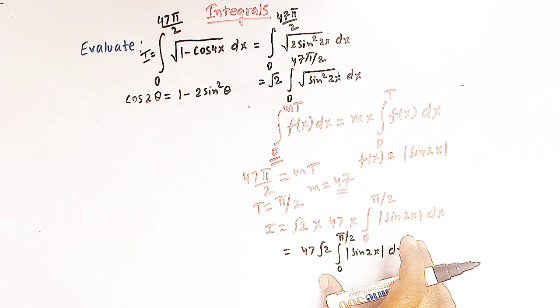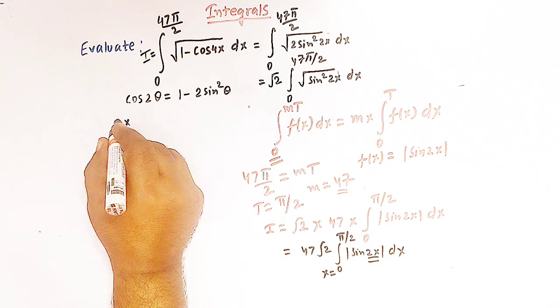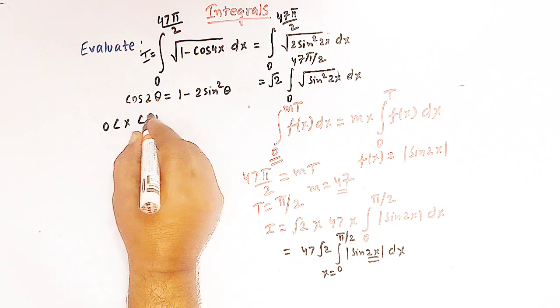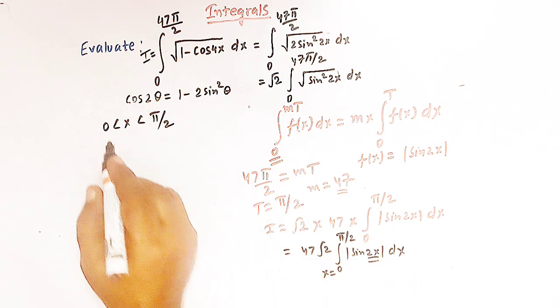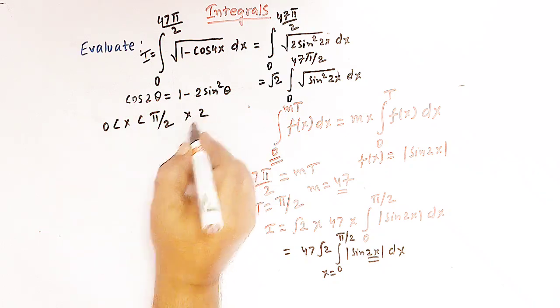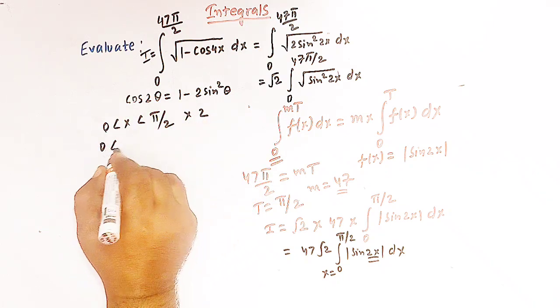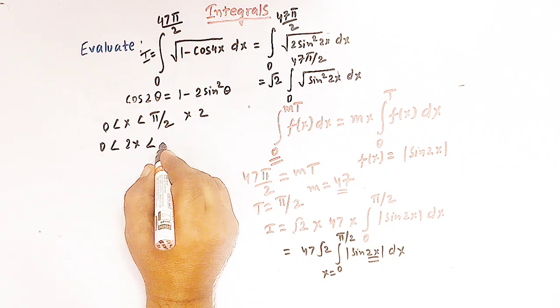The sign convention helps us to evaluate this integral. Now see, the value of x varies from 0 to pi by 2, and here we have sine of 2x. So if we multiply this inequality throughout by 2, we get 0 to 2x to pi, since this 2 and this 2 get cancelled.